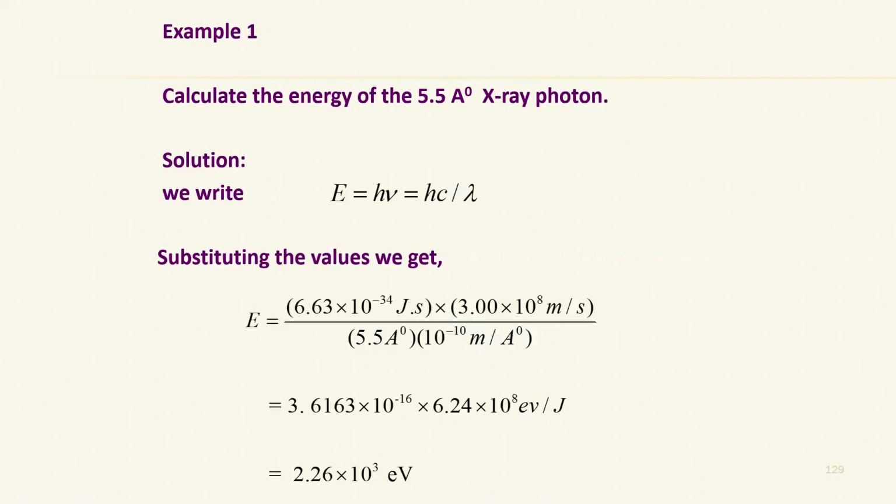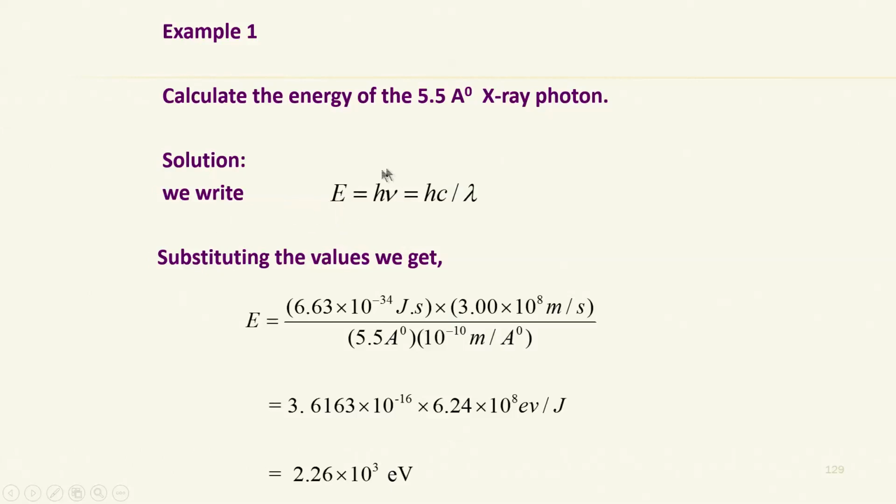Okay. Now, I will give you a small demo regarding the energy of the electromagnetic radiation and how we can use it in our day to day life. I am going to present to you one small example. Here you can calculate the energy of 5.5 angstrom unit radiation, that is an X-ray photon.